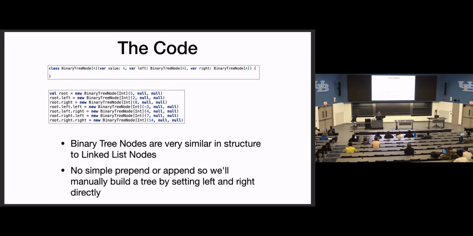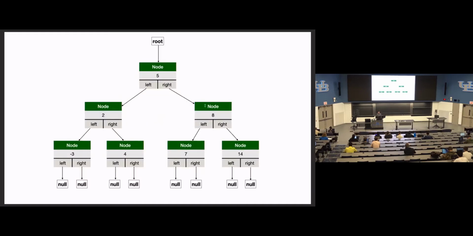So for example, root.right.left equals a new node with the value 7 and left and right of null. I did create the root node with null and null, but I've since set root.left equals a new node, root.right equals a new node, and overwrote those nulls with actual values.